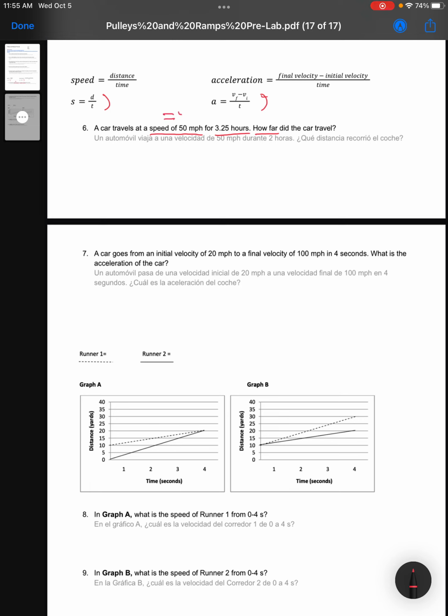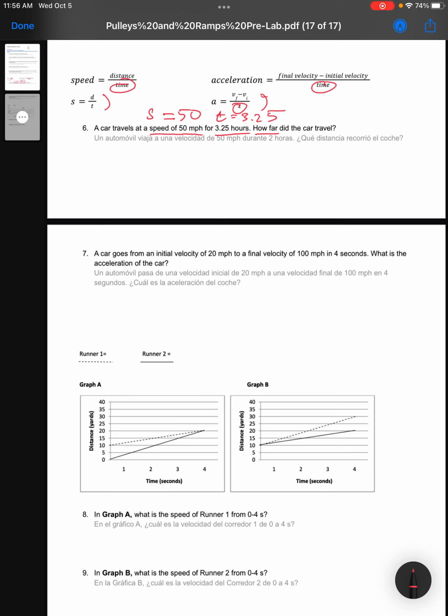So S equals 50. For 3.25 hours, what letter goes with 3.25? That is going to be time. Time is T. So T equals 3.25.